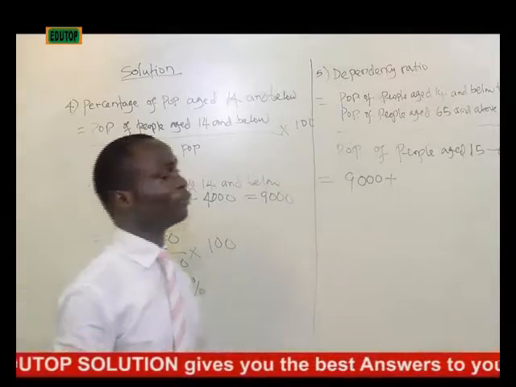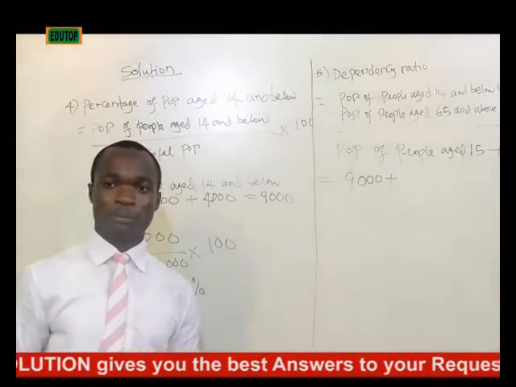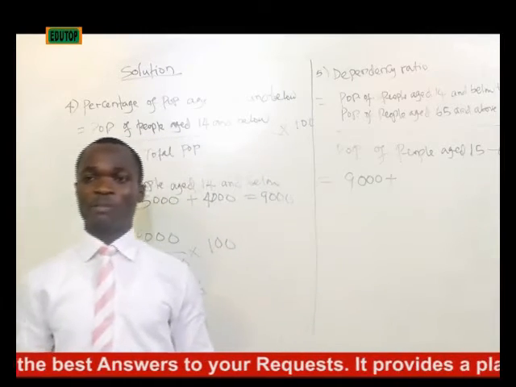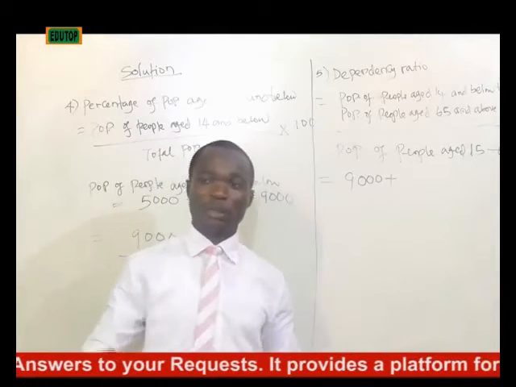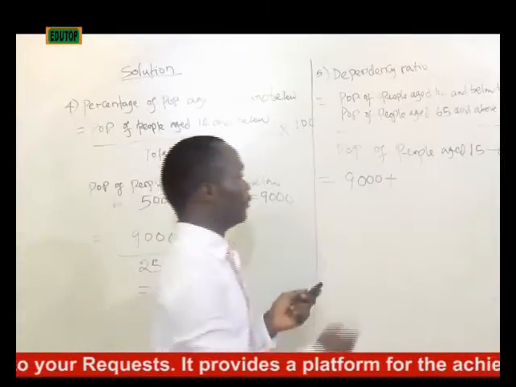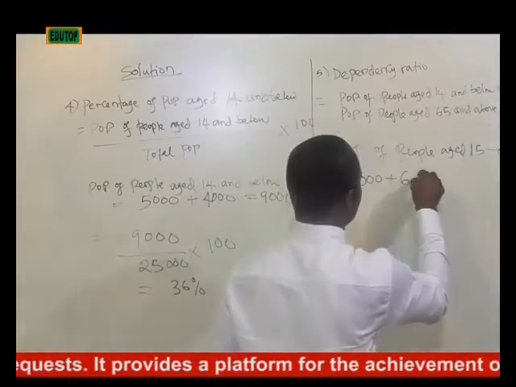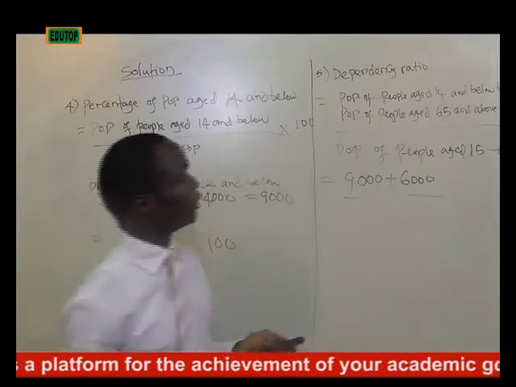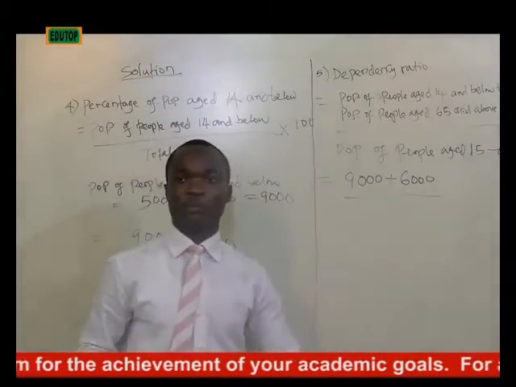You get this 6,000 from the table. If you go to the column where we have 65 and above, the total there is 6,000. So if you add 6,000 to 9,000, then divide by people aged 15 to 64.